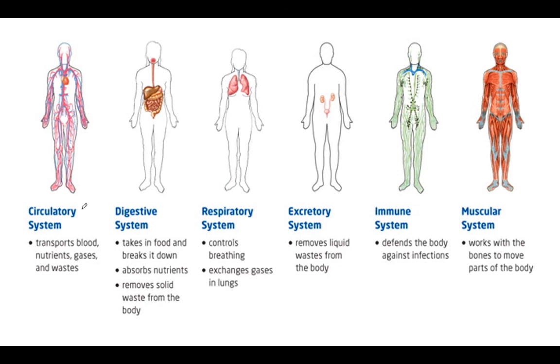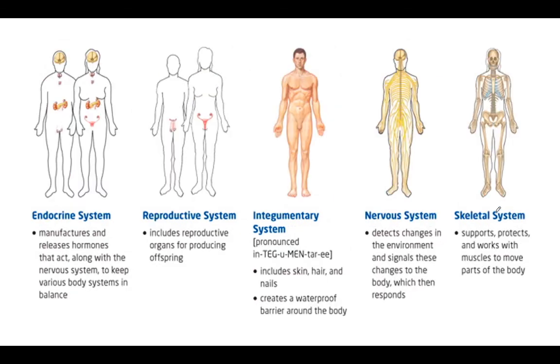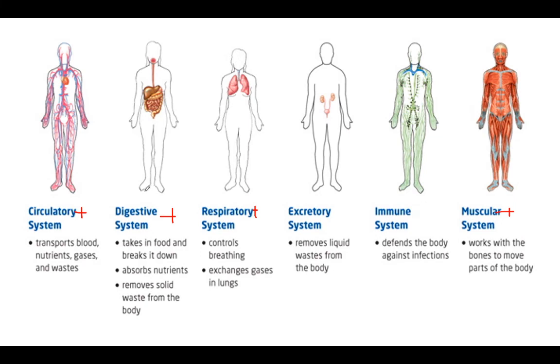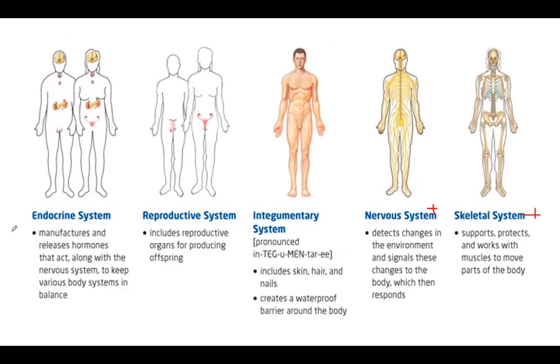There's a few that we'll be focusing on over the next 2 weeks: circulatory, digestive, respiratory, musculoskeletal system, and the nervous system. There's a lot of systems that we're going to be learning about, a few in a lot more detail. We're going to be learning circulatory, digestive, and respiratory in a lot of detail, and the others in less detail. But it is good for us to know always.